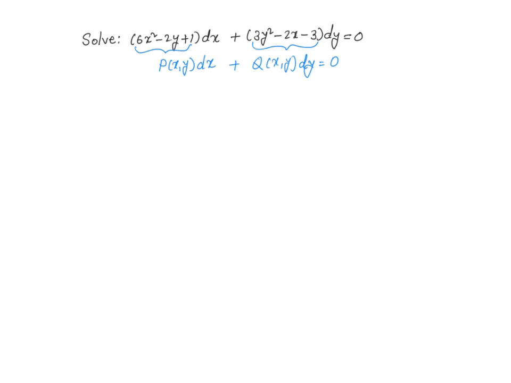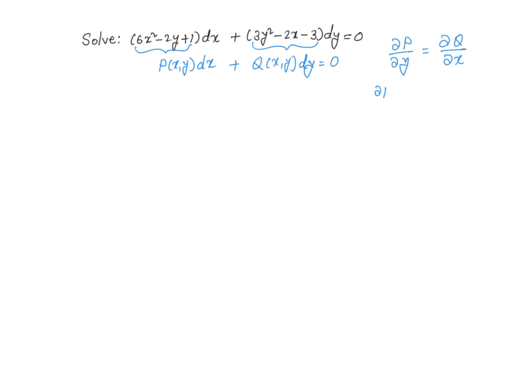Now, in order to show that this is an exact differential equation, we need to show that del P over del y is equal to del Q over del x.